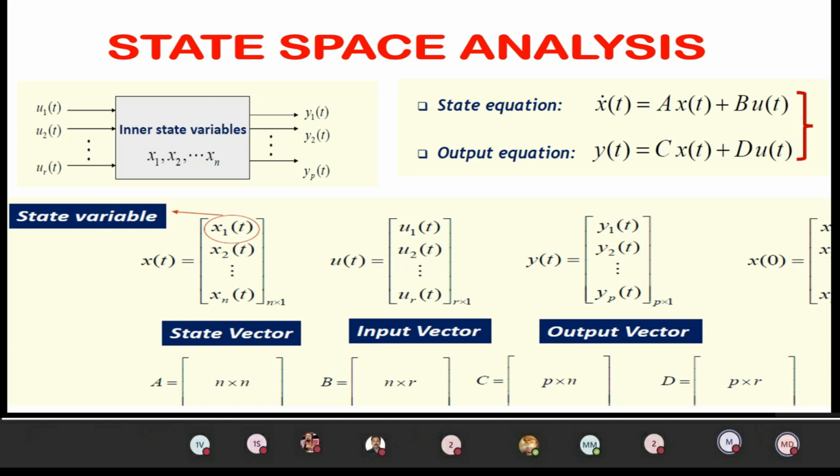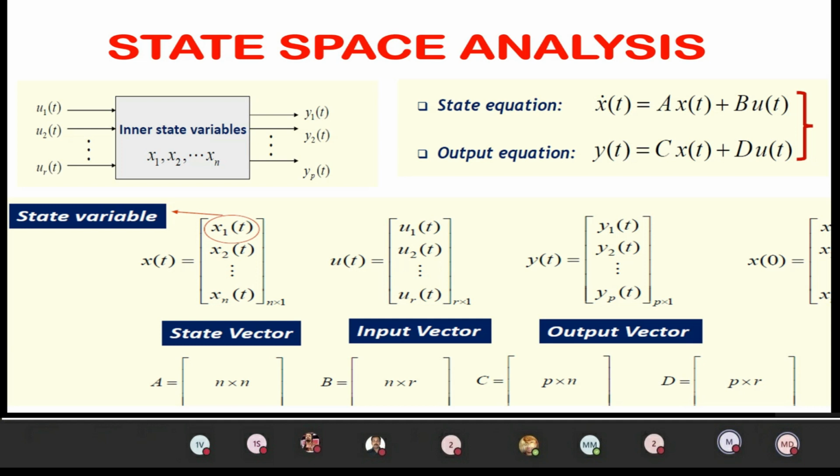Here you can see what the state variables, input variables and output variables are. x of t is nothing but all the state variables: x1 of t, x2 of t, up to xn of t. Similarly u of t is u1 of t, u2 of t, up to r inputs, and y of t is y1 of t, y2 of t, and so on.